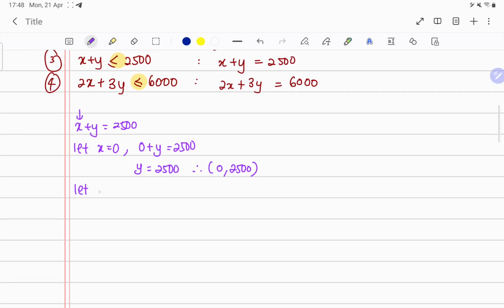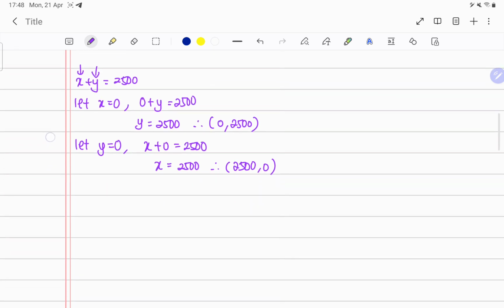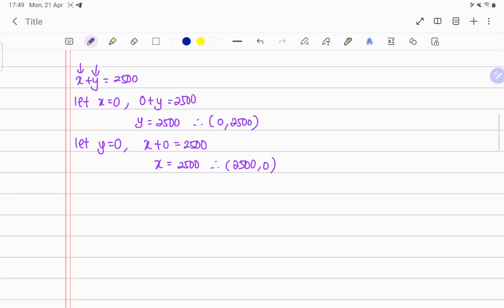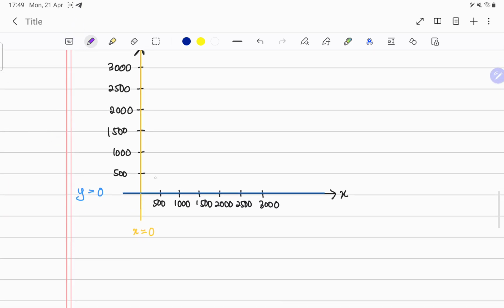Now you let y equal to 0, then substitute inside the equation also. So you're going to get x plus 0 equal to 2500. So your x is 2500, where you're going to get one coordinate, which is 2500, 0. Now you have these two coordinates. What you need to do is plot the points and the line in your graph, which is 0, 2500 and 2500, 0. 0, 2500 should be here.